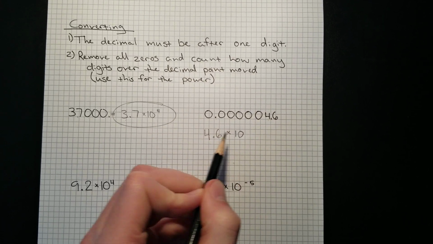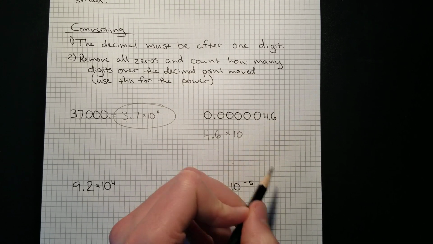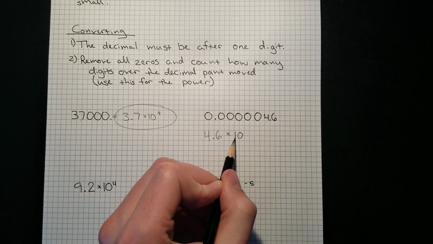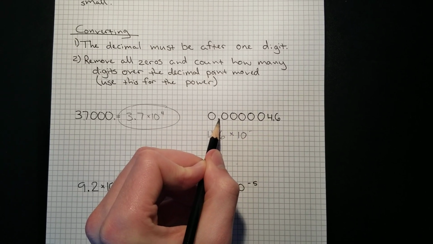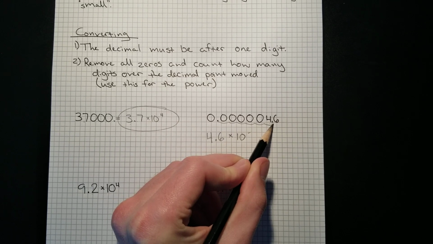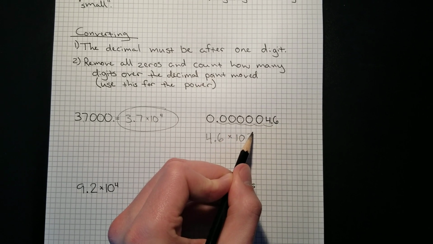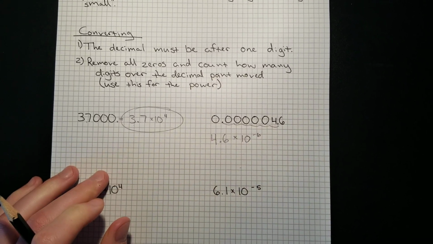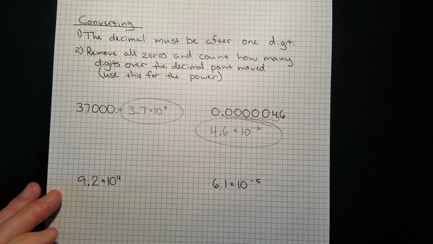So we're going to have a negative exponent instead. Usually negative exponents give you fractions, but in this case, it's kind of like dividing by 10 a certain number of times. So how many times does the decimal move? That's 1, 2, 3, 4, 5, 6. And since we moved in that direction, we made it smaller. That's going to be a negative 6, right? So that's what that one's going to be. There we go.